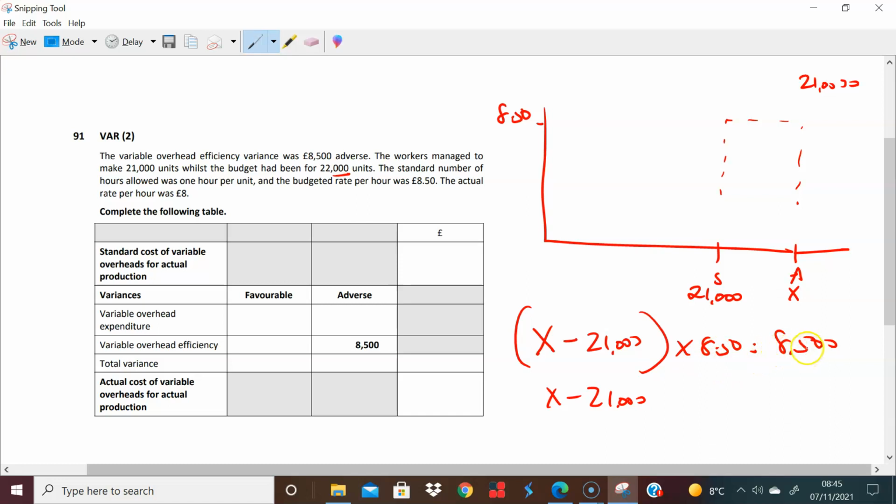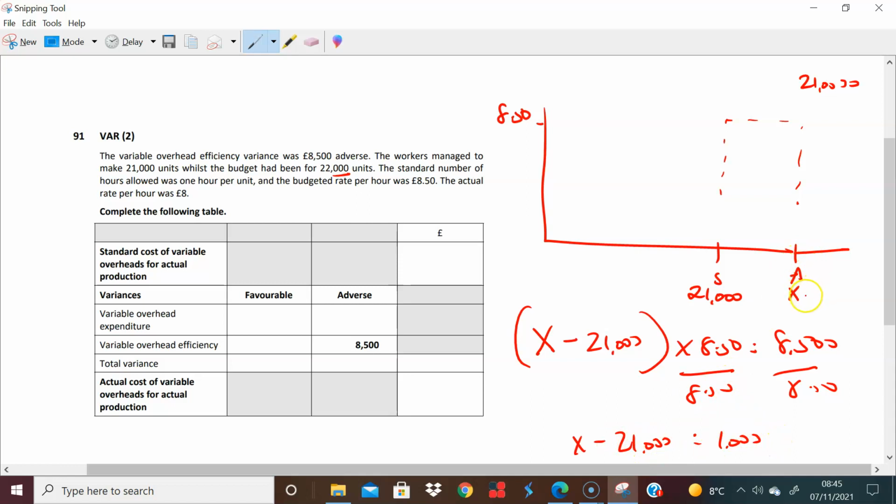8,500 divided by £8.50 is 1,000. So dividing both sides by £8.50, x minus 21,000 is equal to 1,000, which means x is equal to 21,000 plus 1,000.